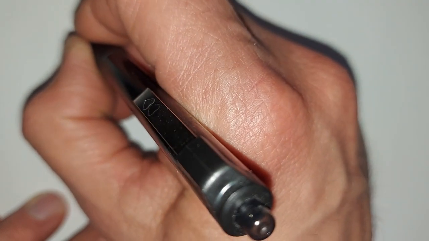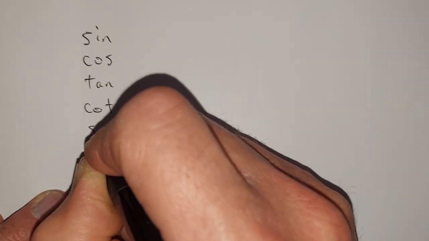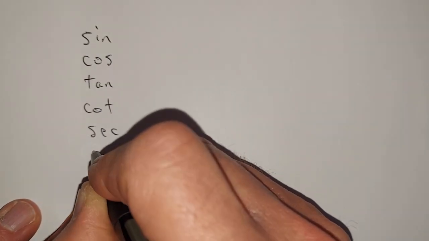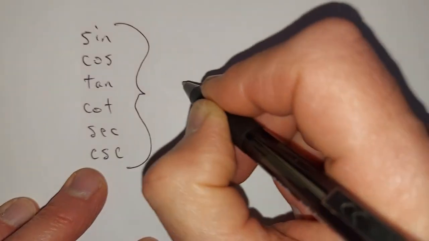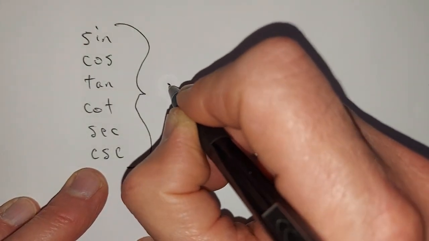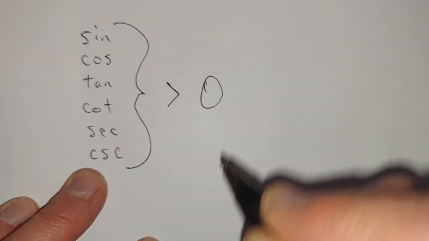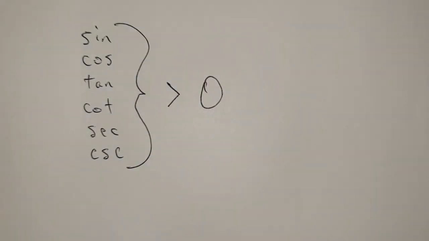So sine, cosine, tangent, cotangent, secant, and cosecant are always greater than 0 in a right triangle.